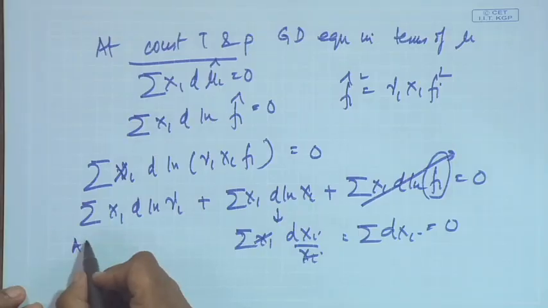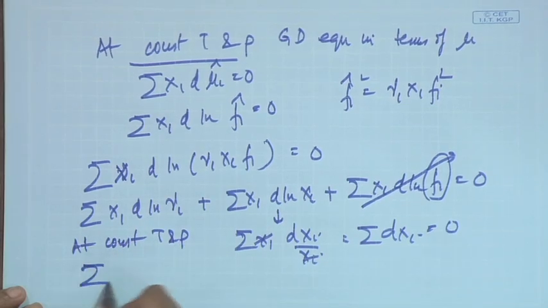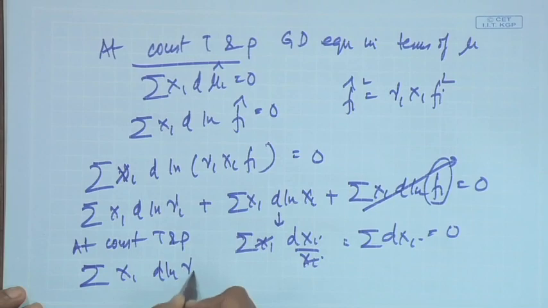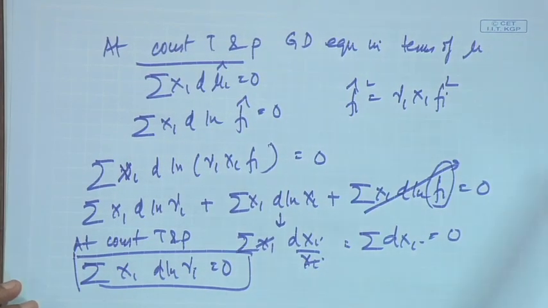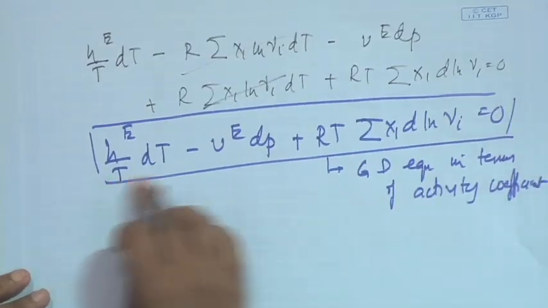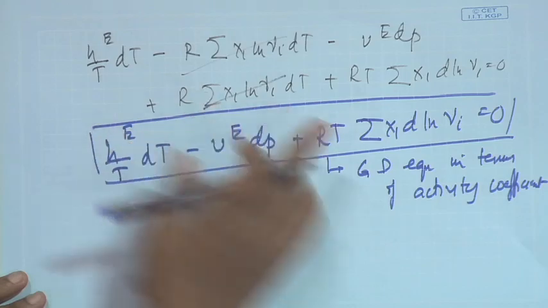So, what does it imply? It implies that at constant T and P, automatically xi d ln gamma i equals 0. Just the same equation which I had derived here, but this was the generalized expression. At constant T and P, this goes off. So, this is the equation which I have derived in this particular case as well, right.